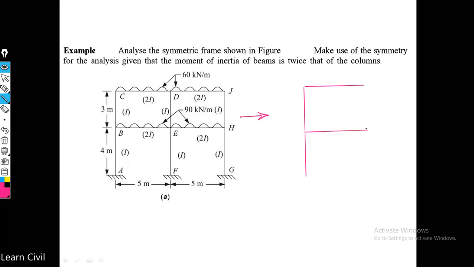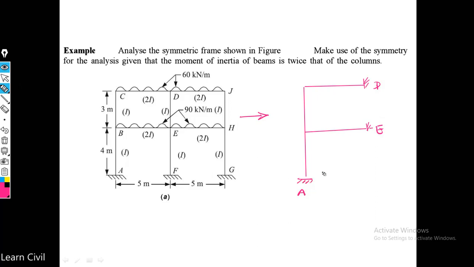As no rotation takes place at joint D, this joint D and joint E can be considered as a fixed support.